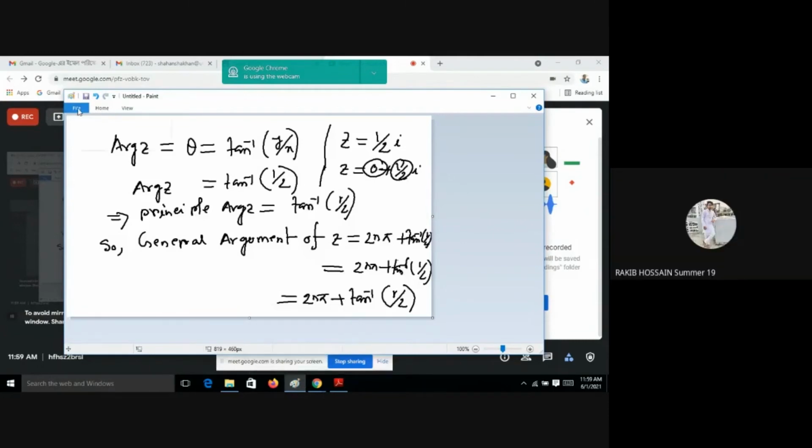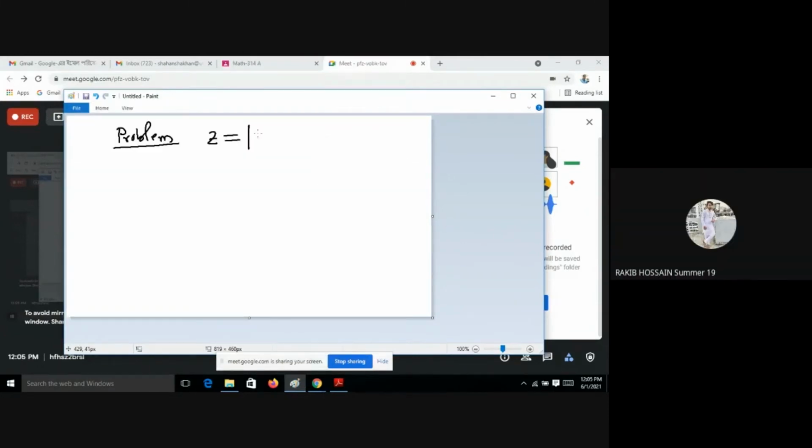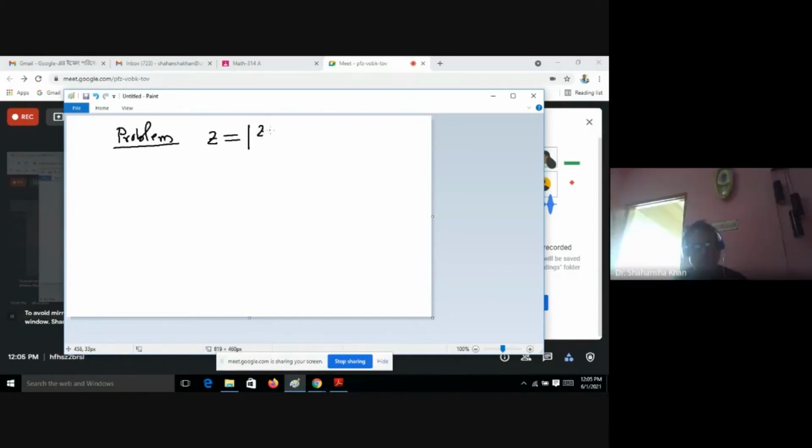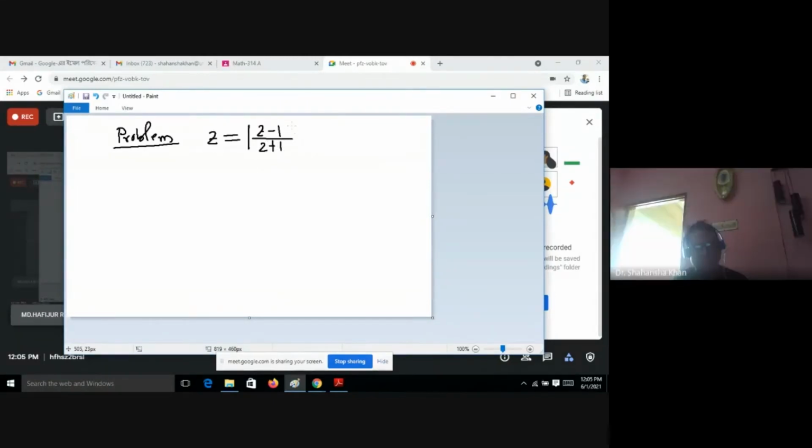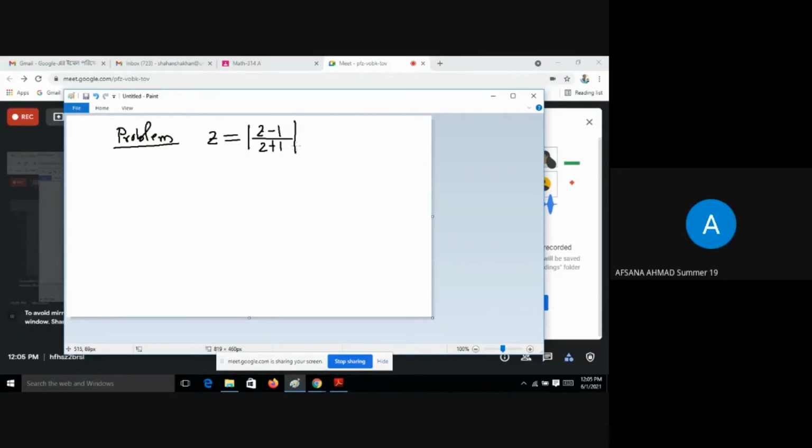What is the modulus? Sir, number 2: modulus of z minus 1 divided by z plus 1 equals 2. Okay, we can solve it.